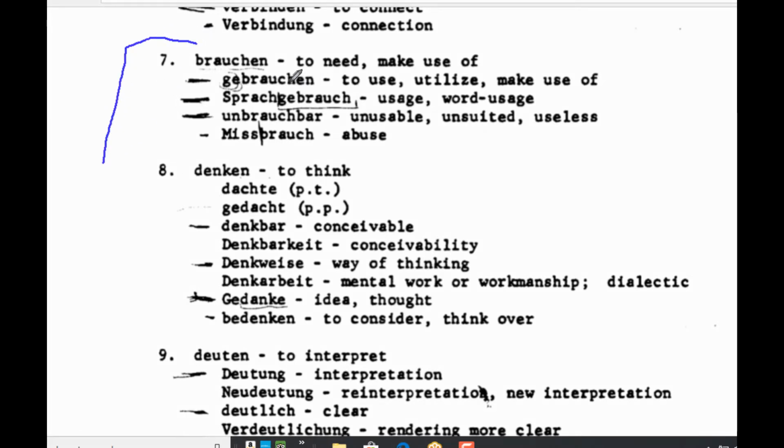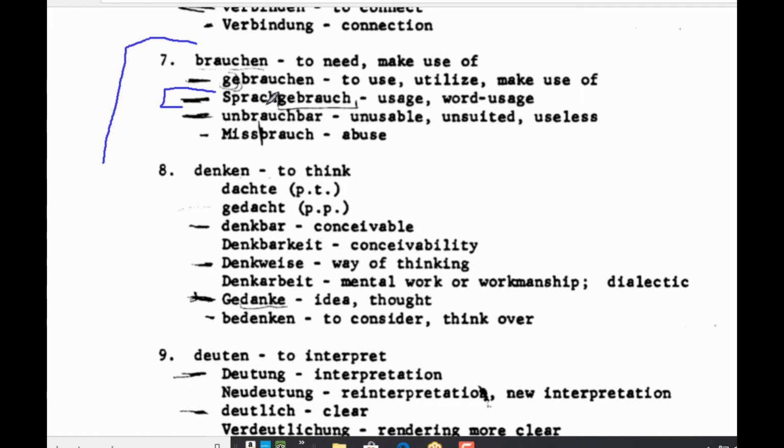Sometimes you have this ge. This is not the past tense augment, but just like you have hören, to listen, and then gehören is actually to belong to someone. Sprachgebrauch, der Sprachgebrauch, everybody? Der Sprachgebrauch. So the use of language, or the word usage.